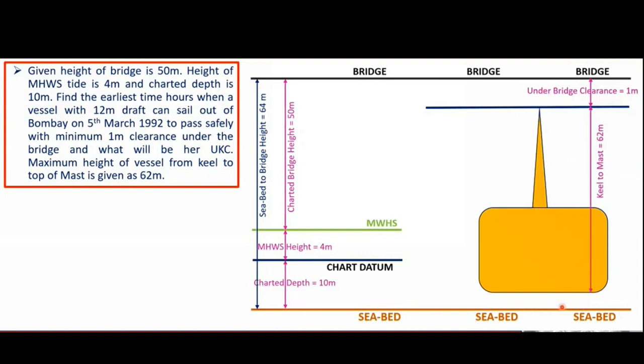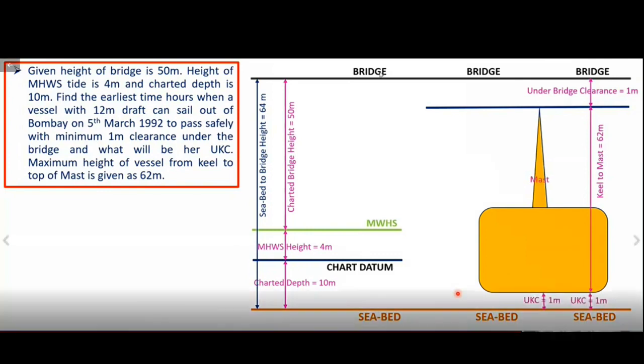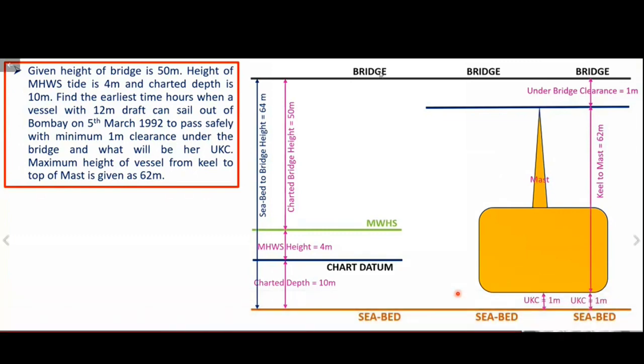Therefore, whatever is left here is the under keel clearance, and that is obviously only 1 meter. So you see, beta, the question looked a little complicated and confusing. But once you make a stepwise diagram, everything falls into place, and you are very easily able to find out the required UKC.